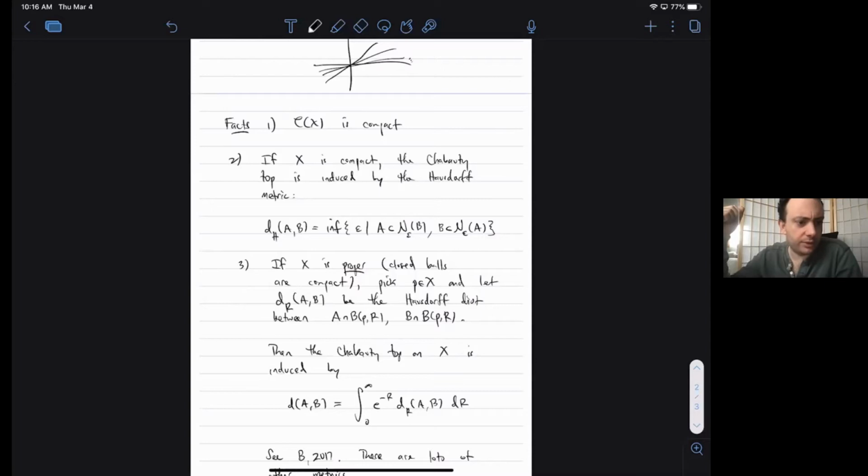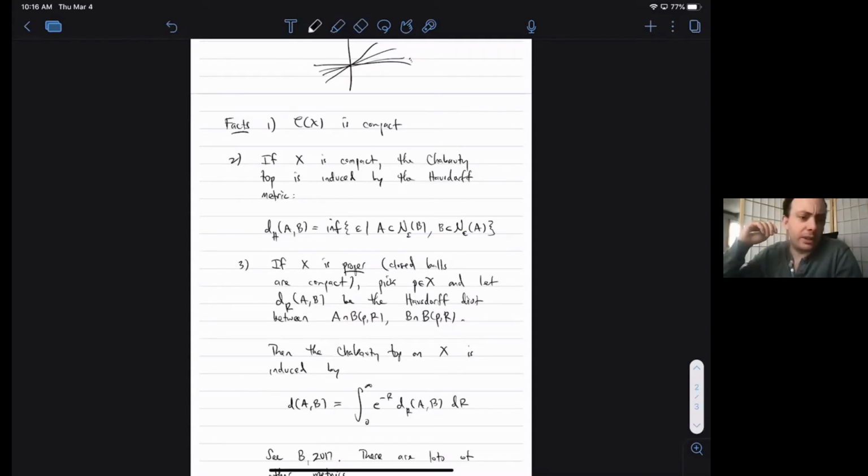Somebody asks, what happens if X is not proper? Can you define a similar definition? Well, I don't think that this exact thing is going to work very well, because if it's not proper, then you could have, well, I don't know.